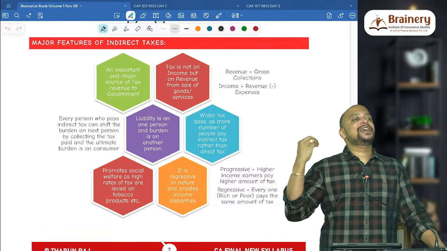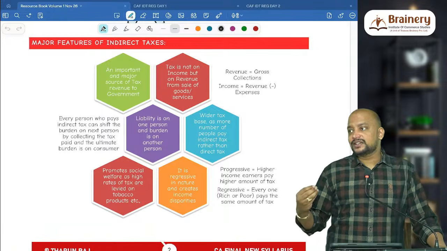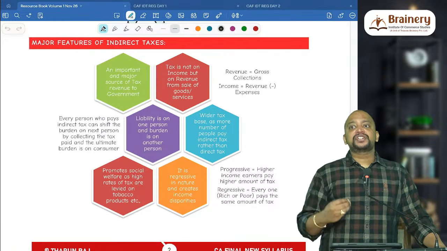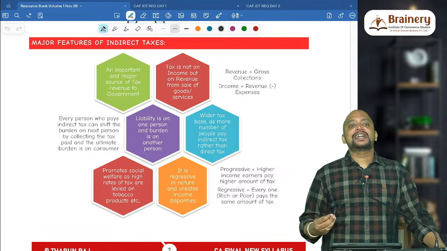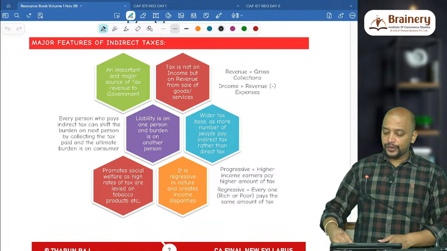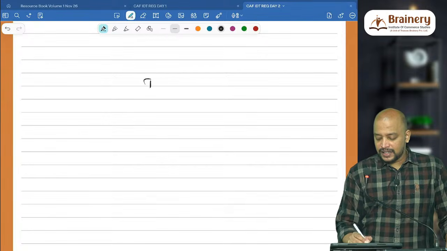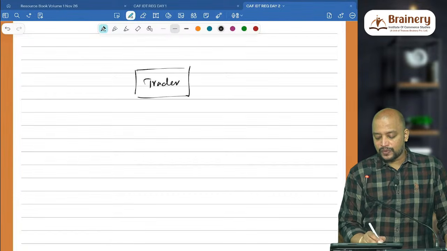So what is input tax credit? Tax paid on purchases, which can be taken as credit and adjusted against the tax payable on sales. For example, take a trader who has some inward supplies and some outward supplies. Inward supplies means purchases.